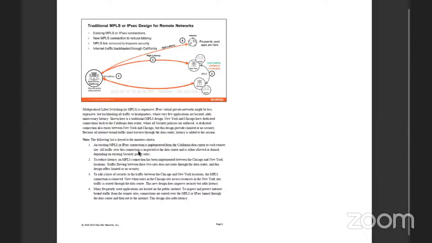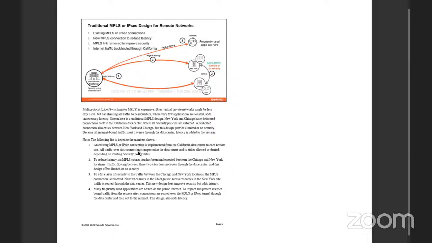All right. So we have the MPLS connection. This is the traditional network design. With each and every branch office, it is not feasible to have a dedicated MPLS connection. It is expensive, right? And we need to have access to the data center from the branch office because our perimeter firewall is there, which will inspect the traffic. And once the traffic is inspected, then it will go towards the destination, which is the internet, which adds up to the latency as well.